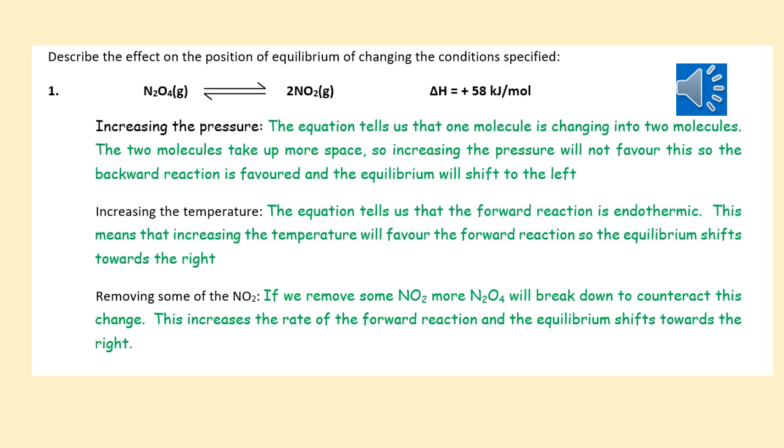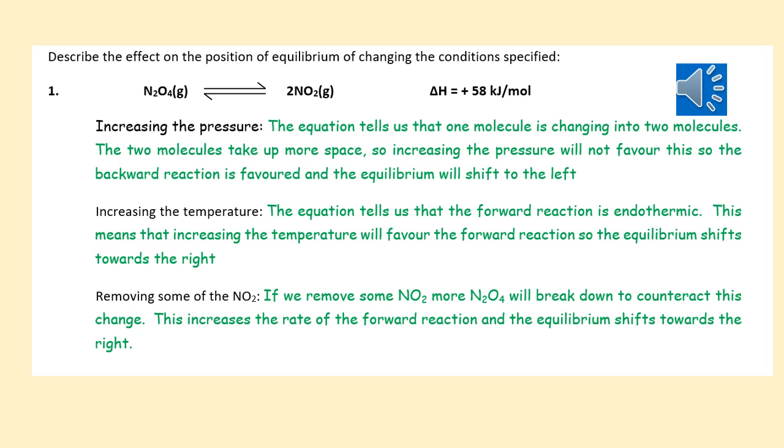From the reaction, we can see that we've got one molecule of N2O4 changing into 2 molecules of NO2. So you'd straight away be thinking, okay, I've got one molecule changing into 2 molecules, so that tells me that if I increase the pressure, that's going to favour the backwards reaction, because I've got the 2 molecules changing into 1 molecule. So increasing pressure will be doing that.